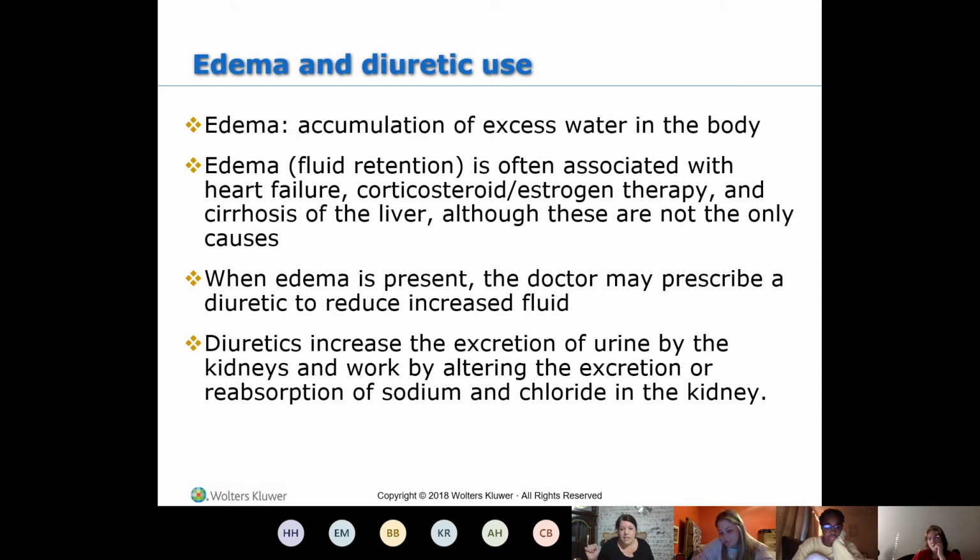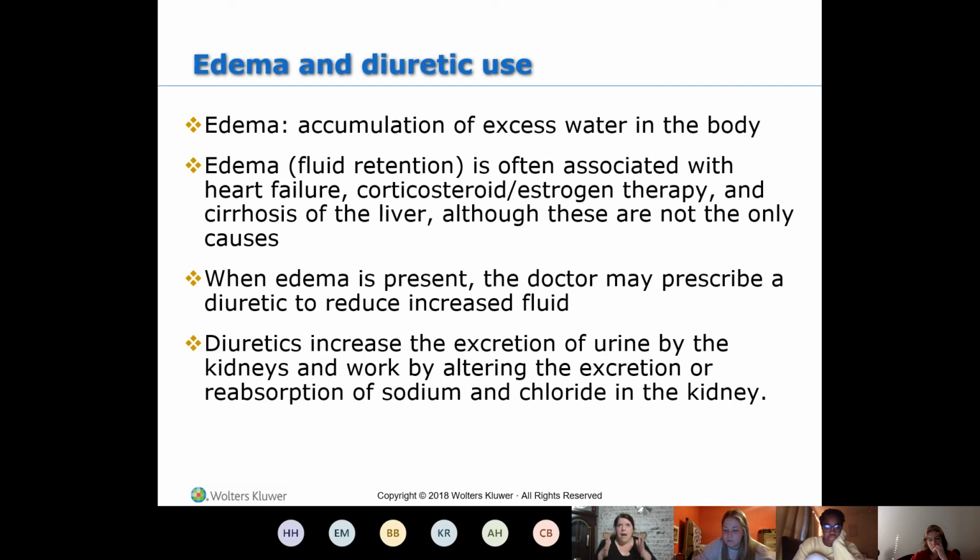Their job is excretion. So what they normally would do is pull what's needed back into the bloodstream, because we want to keep those levels. Y'all are learning in Med-Surg 2 what the normal levels for sodium are, and you're learning the signs of hyponatremia and hypernatremia.